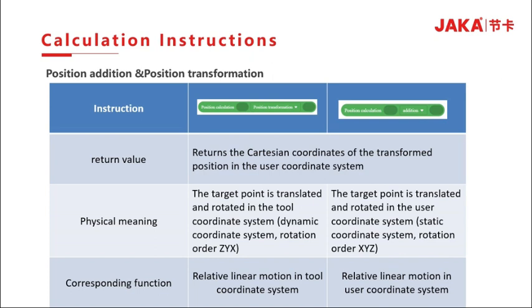The position addition target point is under the user coordinate system, and the static coordinate system rotation sequence is x, y, z. The position transformation is equivalent to a relative linear movement under the tool coordinate system, and the position addition is equivalent to a relative linear movement under the user coordinate system.